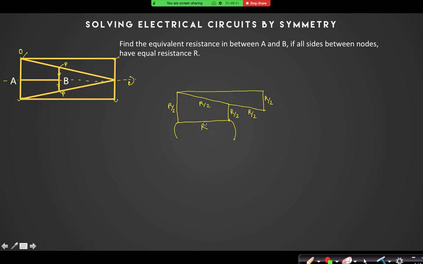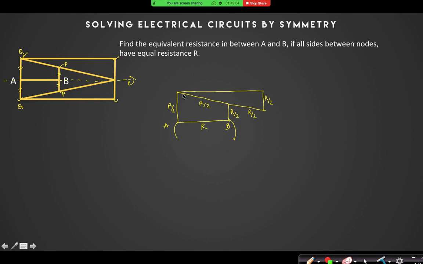Similarly, if this point is Q, this point is also Q. So two resistors are there in between Q and A. So they are also in parallel. Understood? In that way, I have made all the resistances R by 2 except this one connected between A and B.